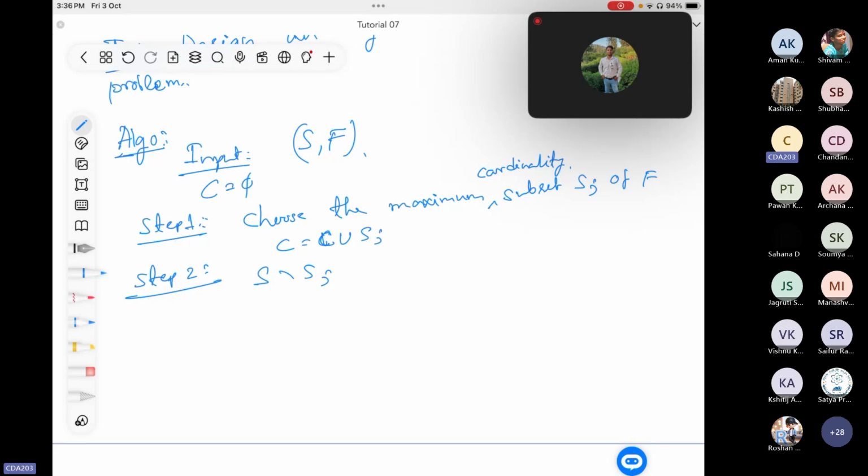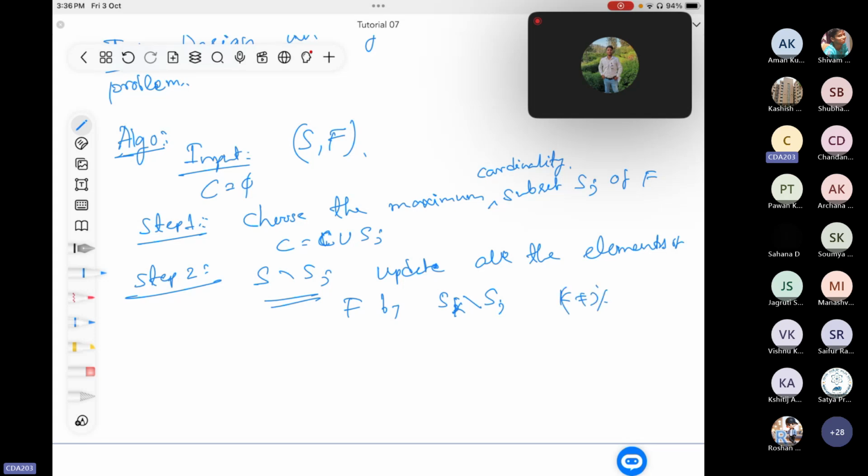Similarly, we also update all the elements of F by Sk minus Sj, for k not equal to j.